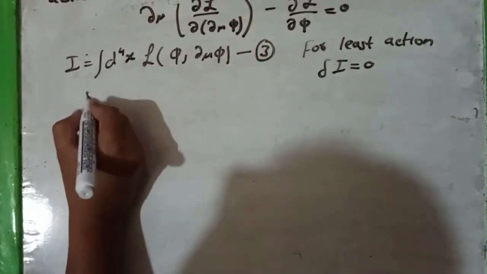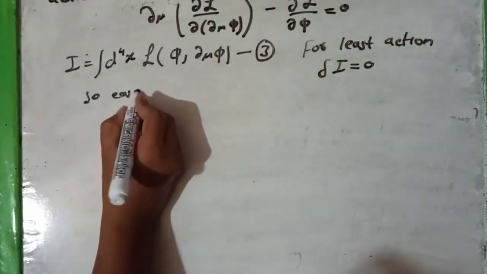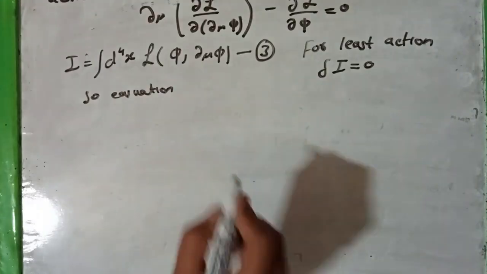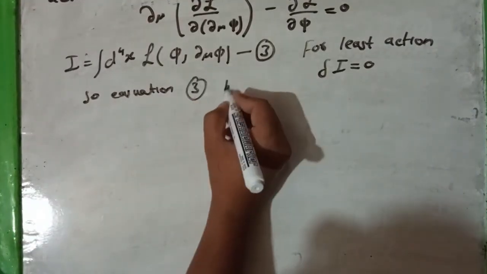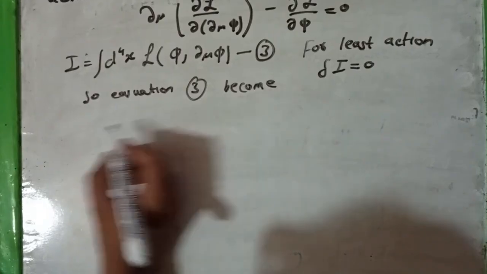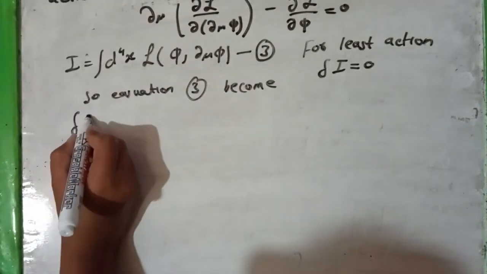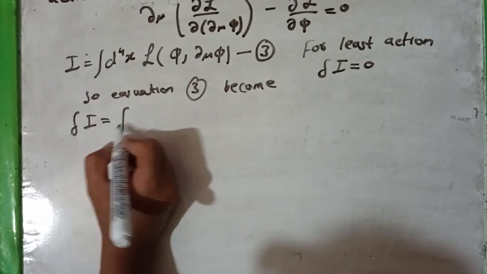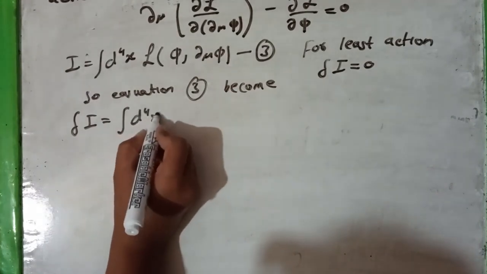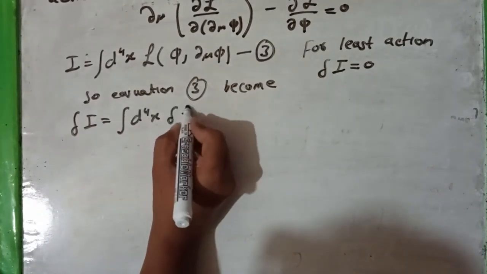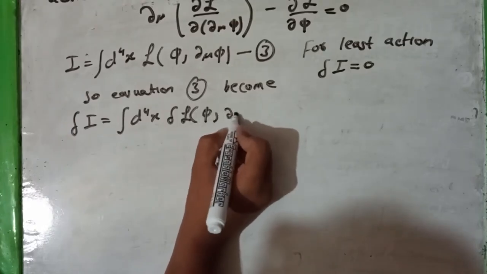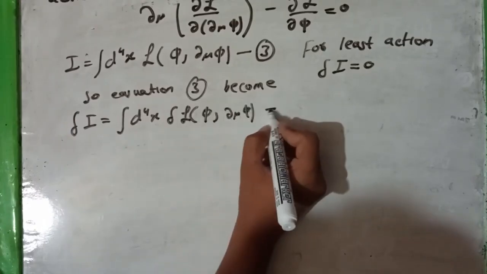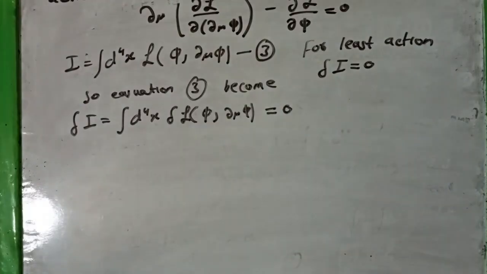So equation 3 becomes δI equal to the integral d⁴x δL, where L is a function of φ and ∂_μ φ, equal to 0.